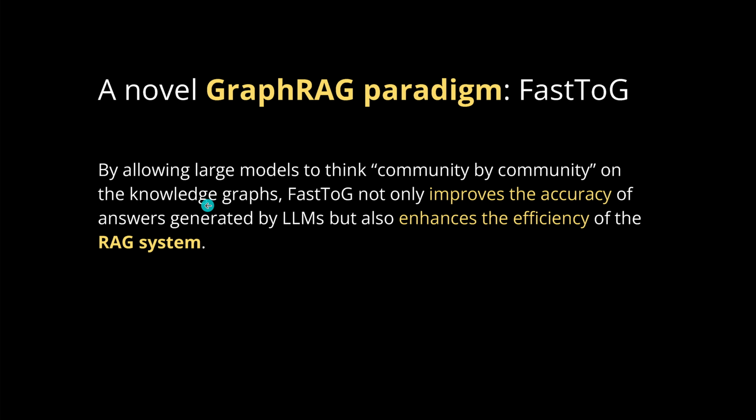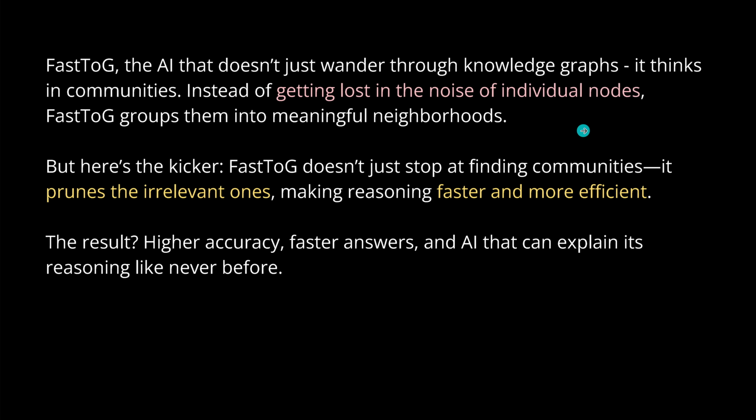And this is unbelievable, I will show you how we do this. It will improve the accuracy of the answers generated by our LLMs, but it will also enhance the efficiency of the complete RAG system. And you might say, hey, why has this not been invented before? I can't tell you, but it is so nice.